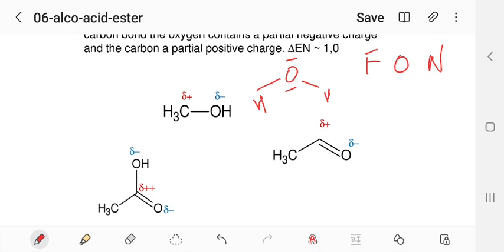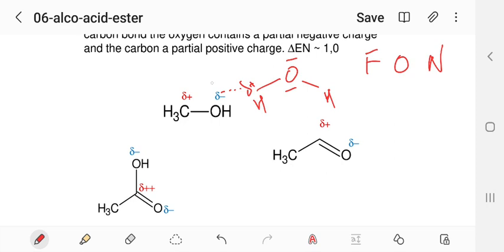And when this H, for example, has a delta plus here, it can create a bridge with the O, which has a delta minus. And due to this polarity, it's able to be dissolved in water due to these bridges, because they can stick together.